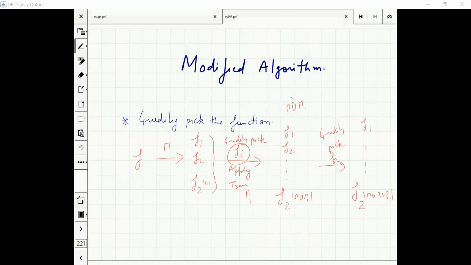I will show that you take a function, pick a gamma, you will always have one of the functions here which will have high sparsity. That sparsity will be enough so that at every step we will reduce a lot of parities, and finally only by fixing root k log k parities we will fix it.